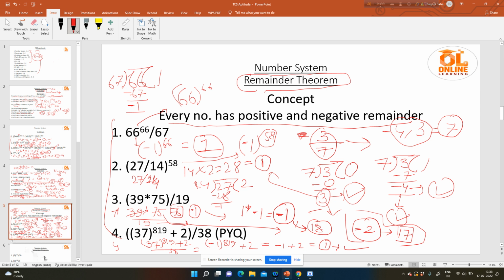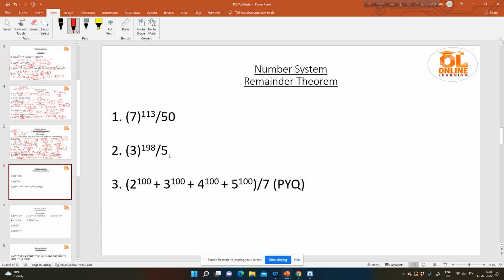Now let us move to the next question. Now it is given 7 to the power 113 by 50. The number is not directly divisible by 50, right?